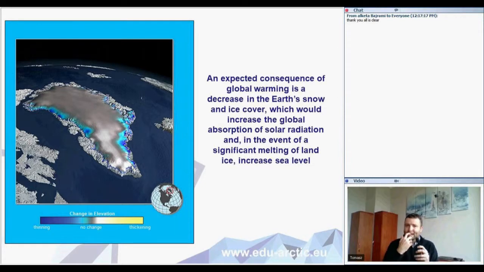So an expected consequence of global warming is a decrease in the Earth's snow and ice cover, and that would increase the global absorption of solar radiation, because if there's no snow, the radiation won't be reflected. And this can even make the melt bigger, and it influences the disappearance of glaciers, ice sheets, and snow cover, and influences the sea level.